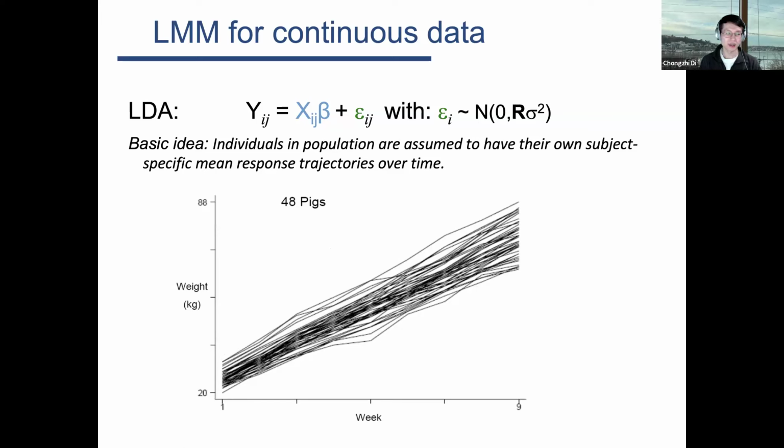So maybe individuals have their own subject-specific trajectory over time. Another way to think of that is that each subject has their own characteristics that might be correlated with the outcome at each time point. So let's use something in the statistical model to account for those characteristics.